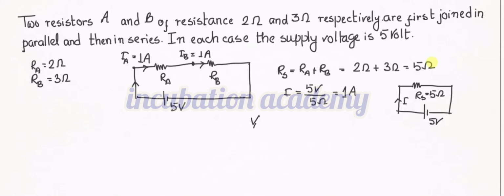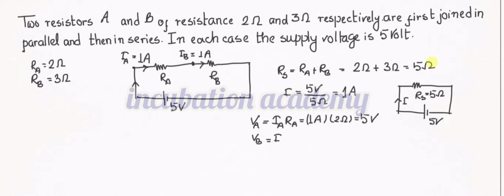The potential drop across resistance RA, we can say that is VA. VA is equal to IA multiplied by RA. What is IA? IA is 1 ampere. What is RA? RA is 2 ohm. So what is the potential drop across RA? What is the potential drop across RB?